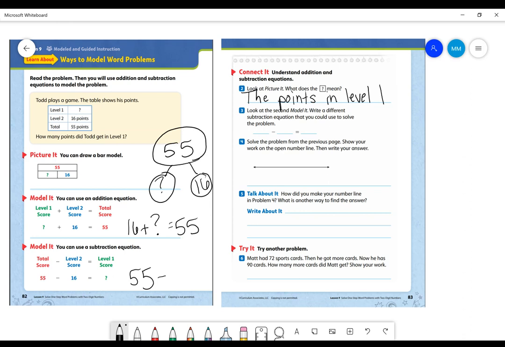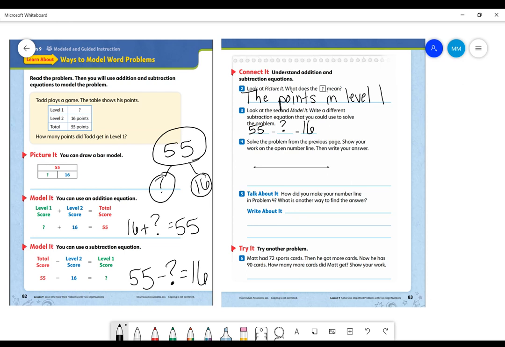This time, what are we going to take away? Our missing part, right? So the part that we don't know, and then what will be left? The part that we do know. So in this space, we are going to write this equation from our fact family. So 55 minus the missing part equals 16.